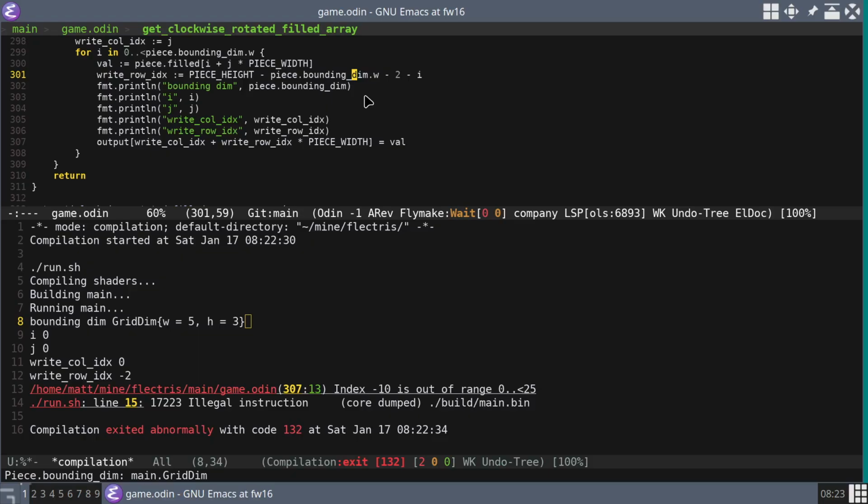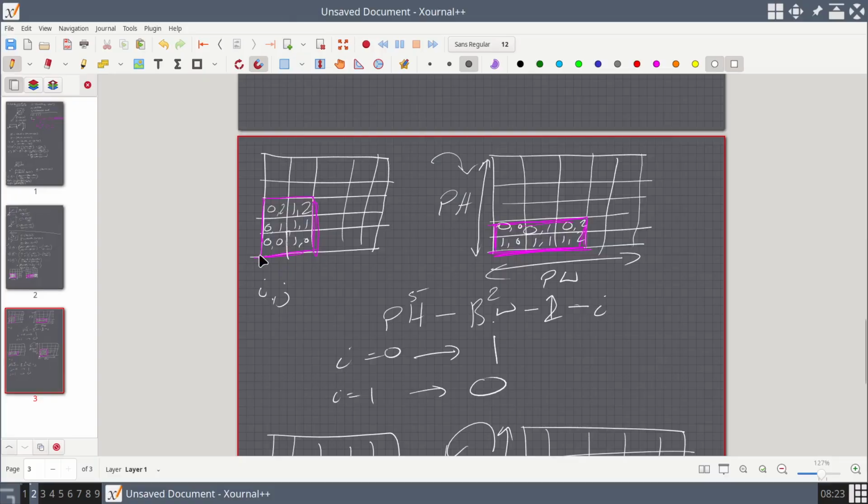Not width. So what am I looking at? Right row index. What I'm saying is as I come across here, how do I get these numbers? Piece height is 5. It is the width that factors into it though, isn't it? If I have a width here of 2, I should be going 5 minus 2. Am I thinking about this the wrong way?